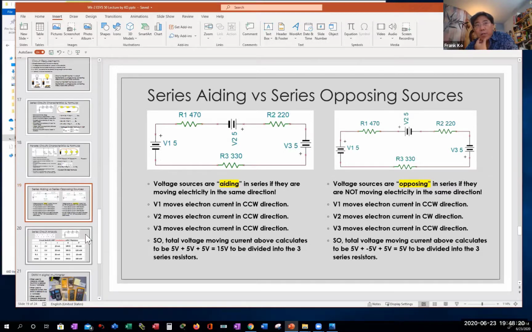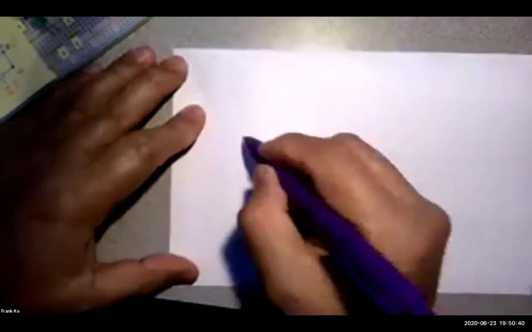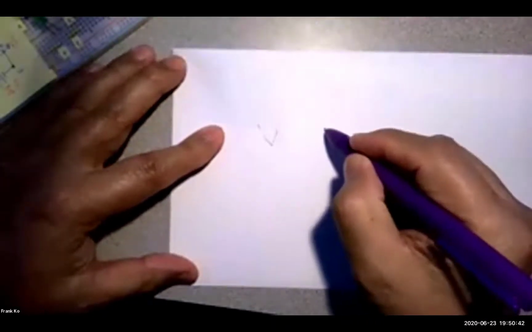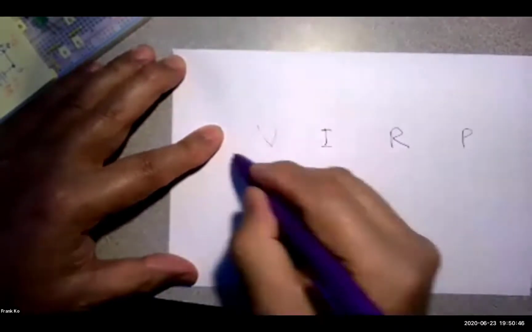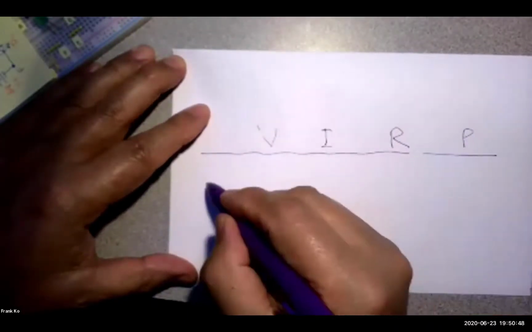We're going to work out this next one. So what I encourage you to do is grab a piece of paper, and I'm going to grab a piece of paper, and we're going to work out a VIRP chart. Just create a chart.